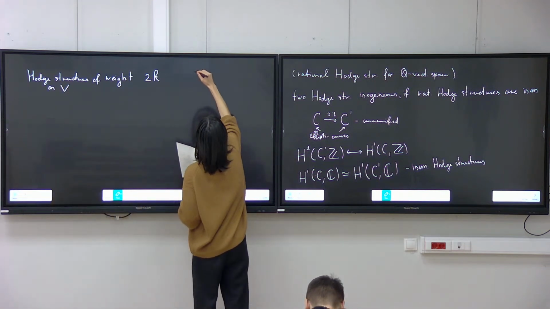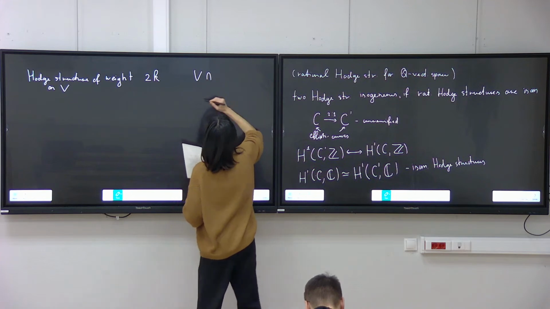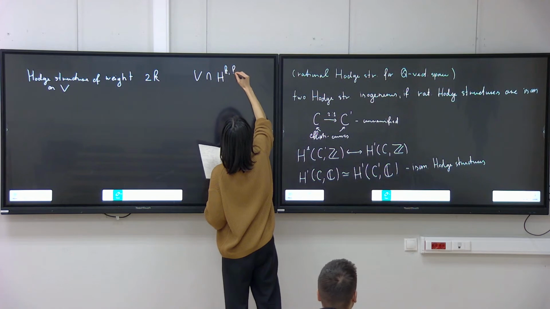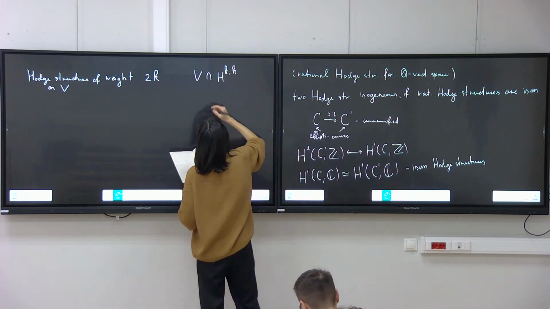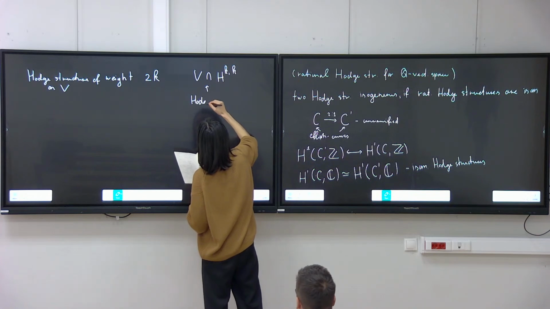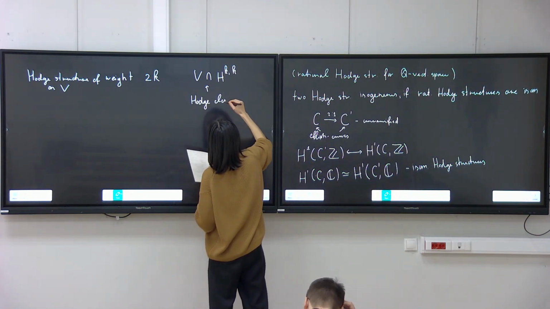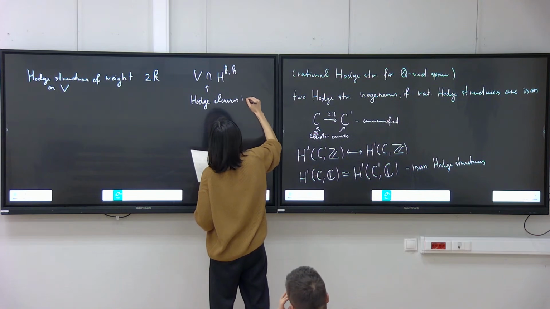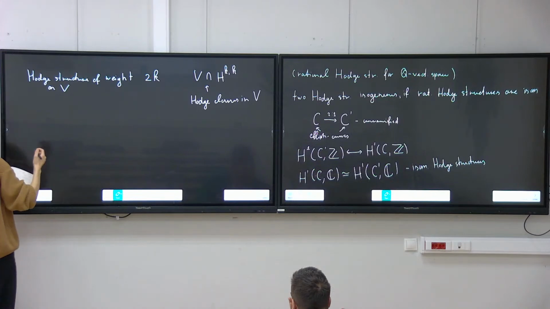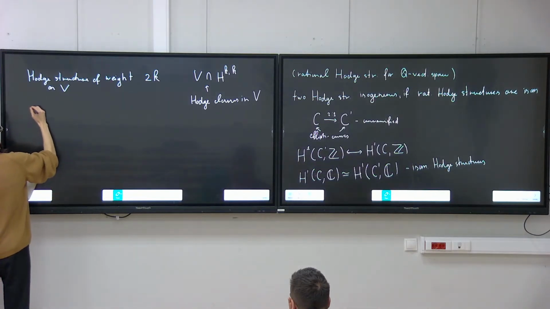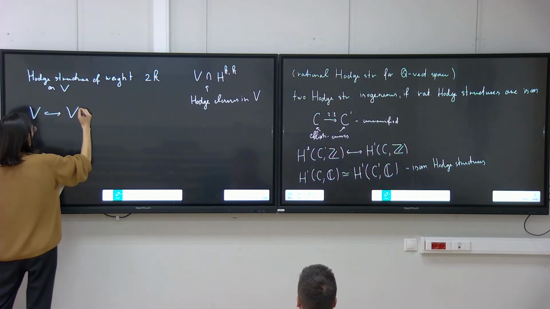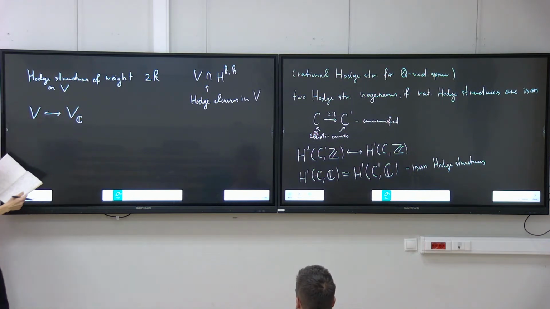Then the intersection of V with V^{k,k} is called Hodge classes. This is Hodge classes in V. Here I use an obvious embedding of V into its complexification.